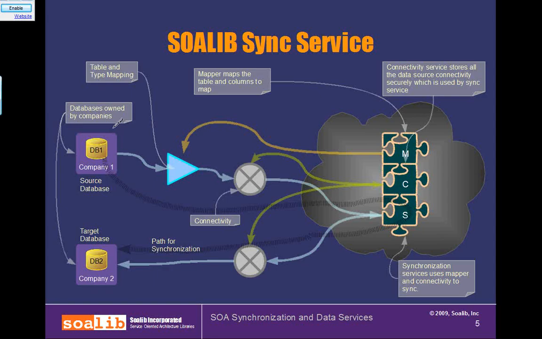So if company 1 would like to share their data with company 2, and they also agree that their database should be periodically synchronized, then they can use these services to synchronize this data over this way. So there isn't much difference. The data services are the same, but synchronization is much more involved.